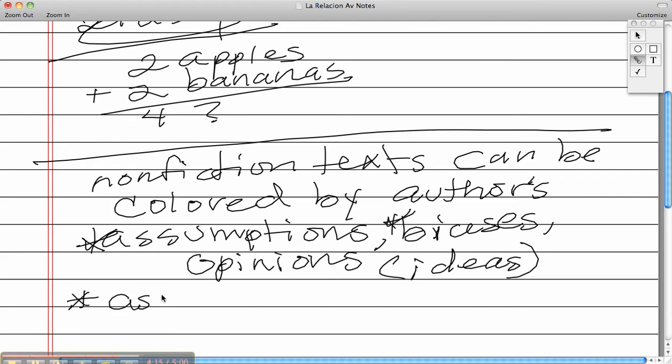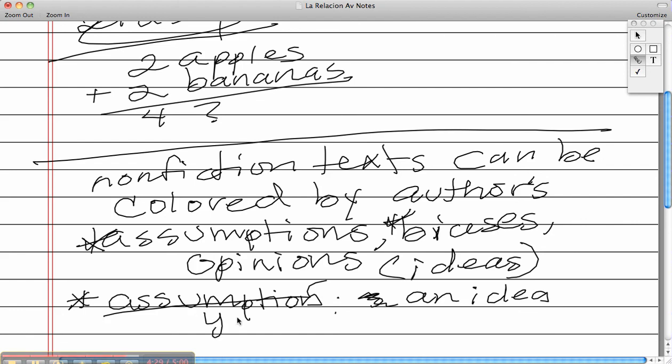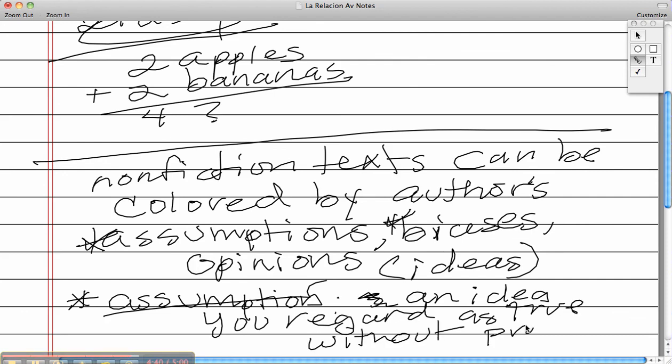Assumption is also a vocabulary word, so you should already have the definition. Basically, an assumption is an idea that you regard as true without proof that it's true.